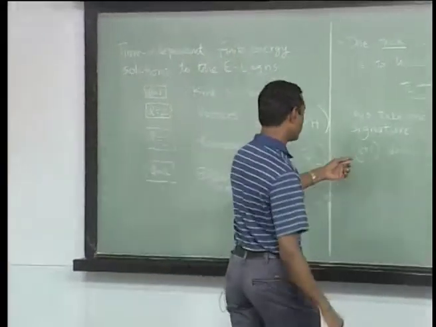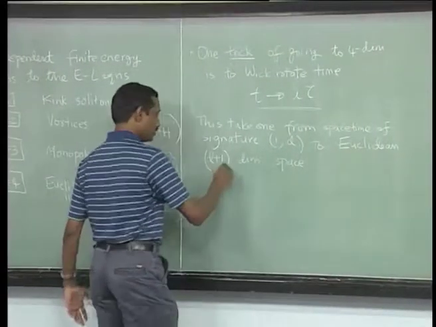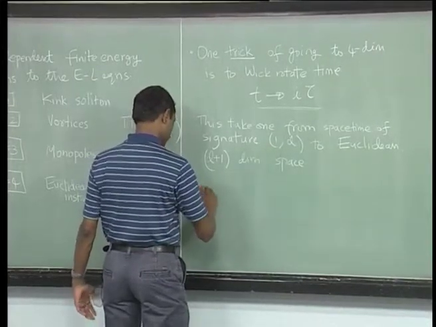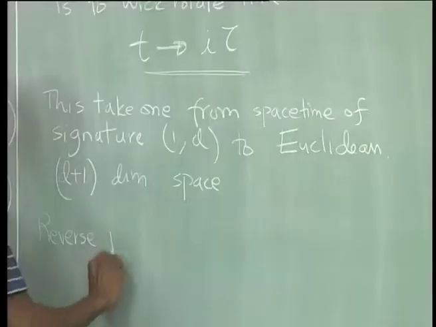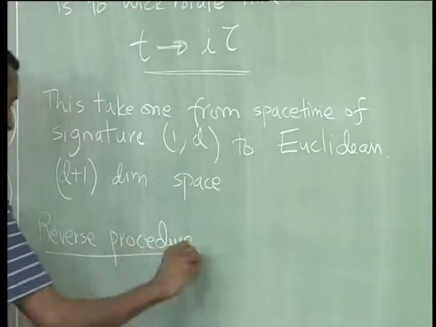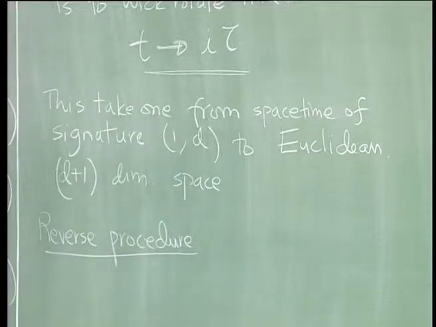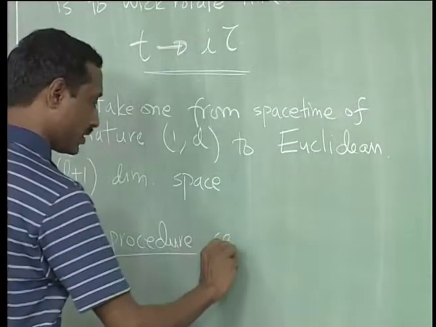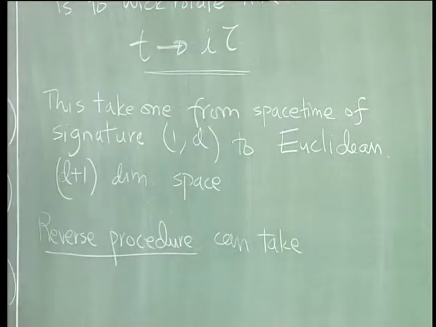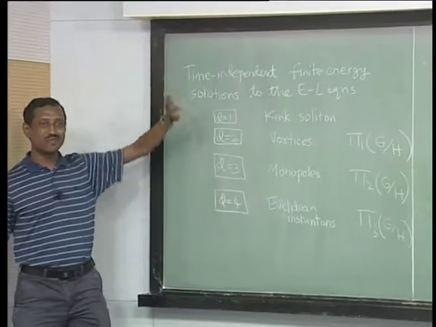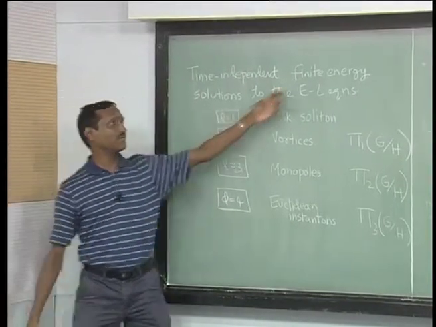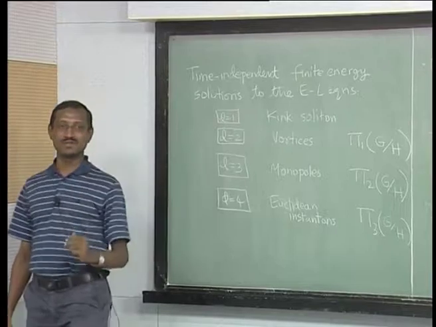Okay. So in other words, the reverse procedure of what I am saying out here can take, see what is happening here is that there is time in this, but what we have done is made everything time independent, and we were working with the energy density, or really the Hamiltonian.